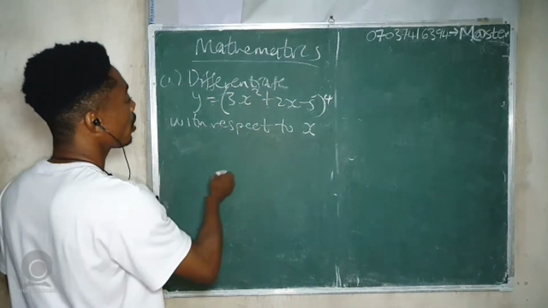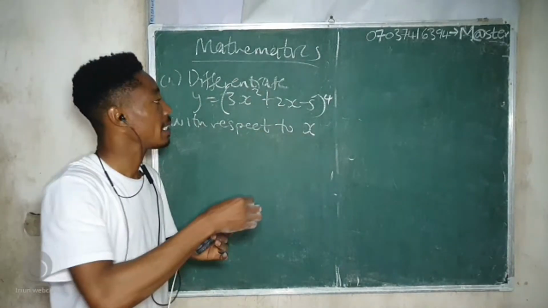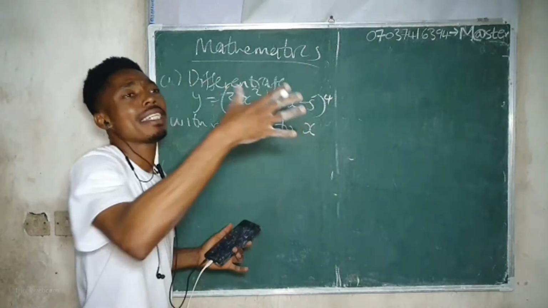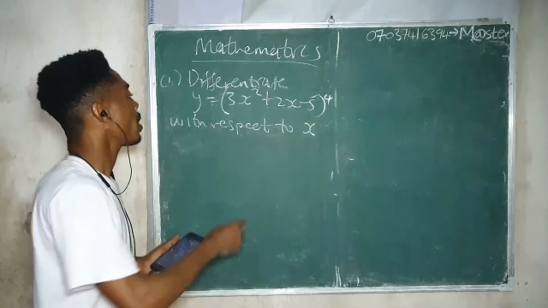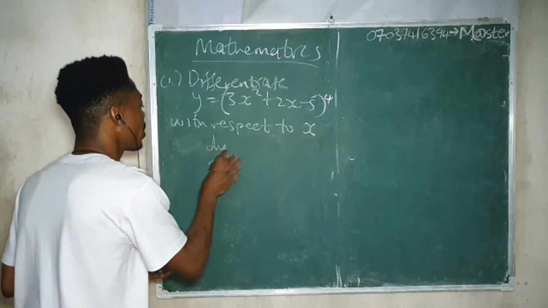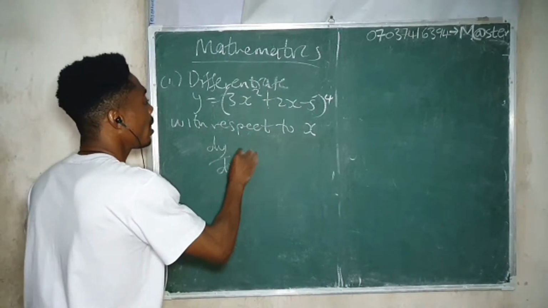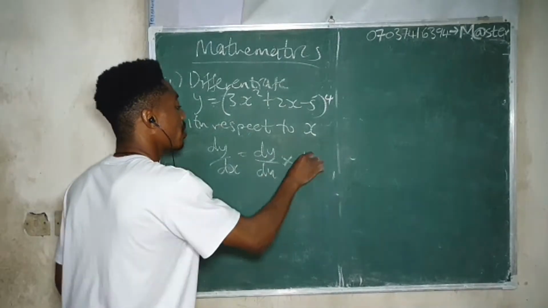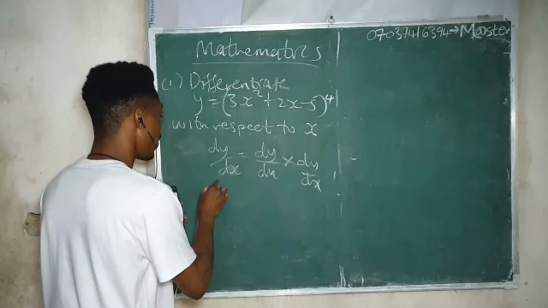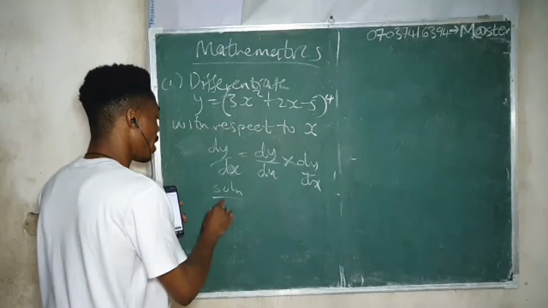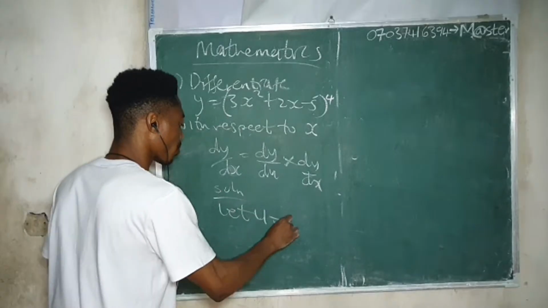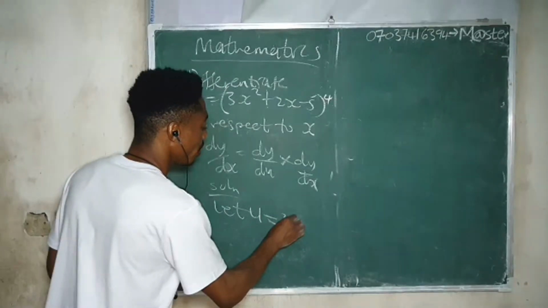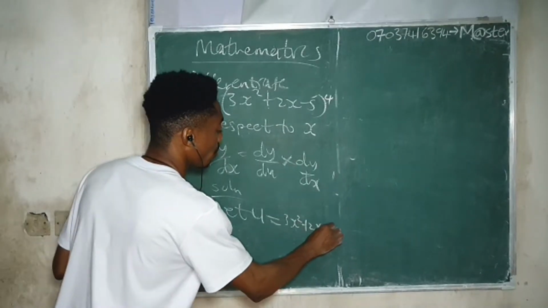So differentiating this, you can see that this is a chain function. I am having 3x squared plus 2x minus 5 inside another function. Because it's a chain function, the chain rule formula is dy/dx equals dy/du times du/dx. First of all, I will say let u be equals to 3x squared plus 2x minus 5.